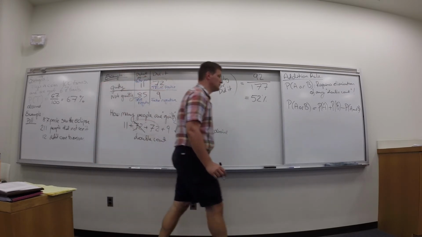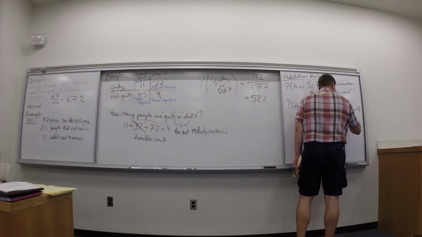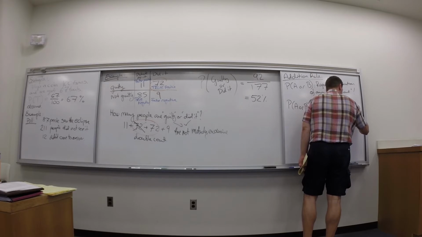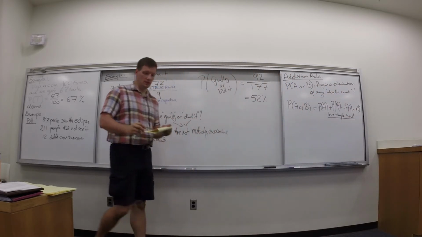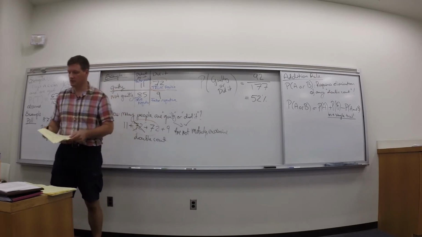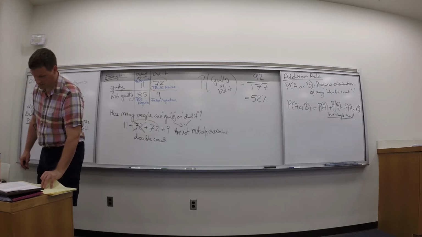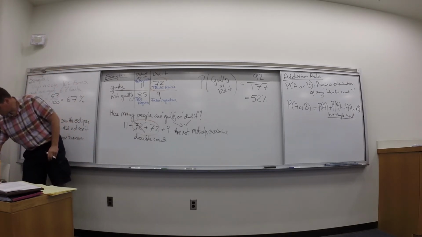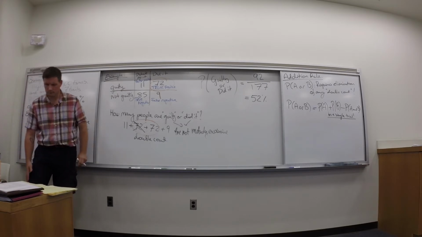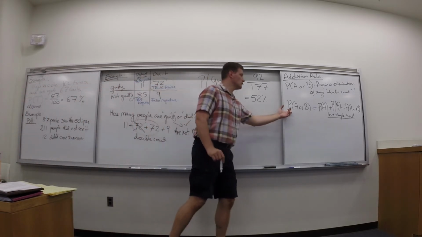Now, the important part, this is all done in a single trial. And that's important. We're going to deal with this AND thing later, and it's going to mean something slightly different. So when do we use this equation?